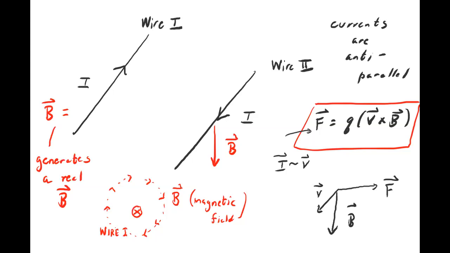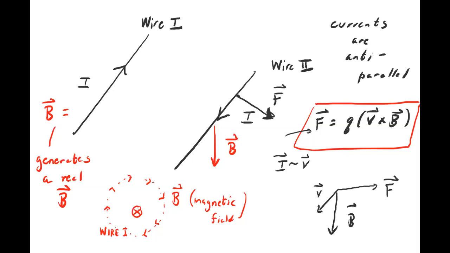What that's going to tell me is that for this system, wire 2 will experience a force due to wire 1 that points in that direction because wire 2 has a current that's anti-parallel to wire 1.